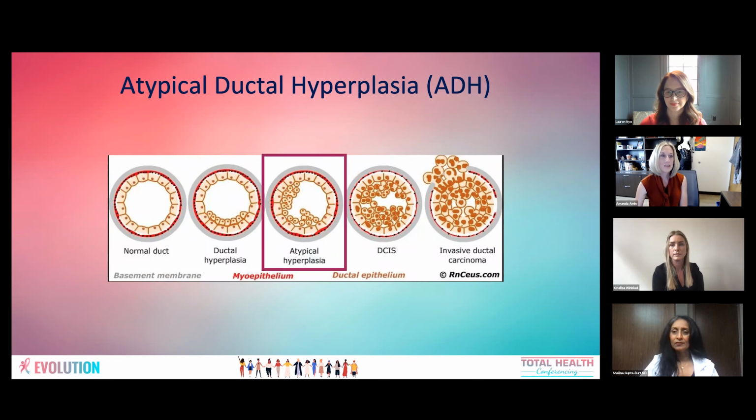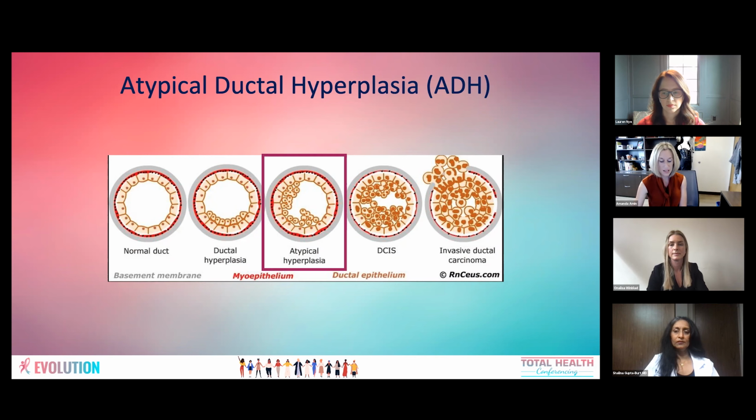Yeah, thanks. So this is a pictorial representation of the progression of what a normal duct goes through as it would go on to form an invasive cancer. And ADH, or atypical ductal hyperplasia, is epithelial proliferation that forms in the terminal duct lobular unit.